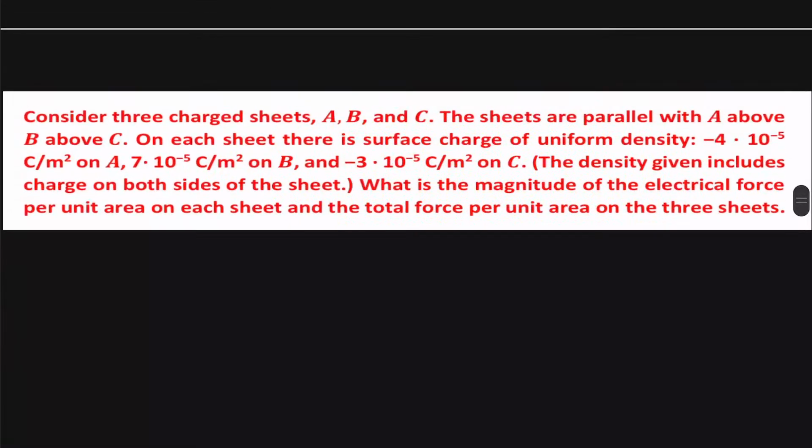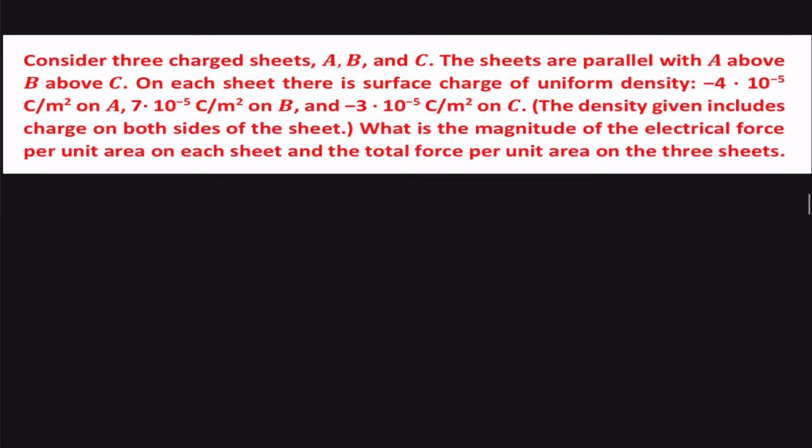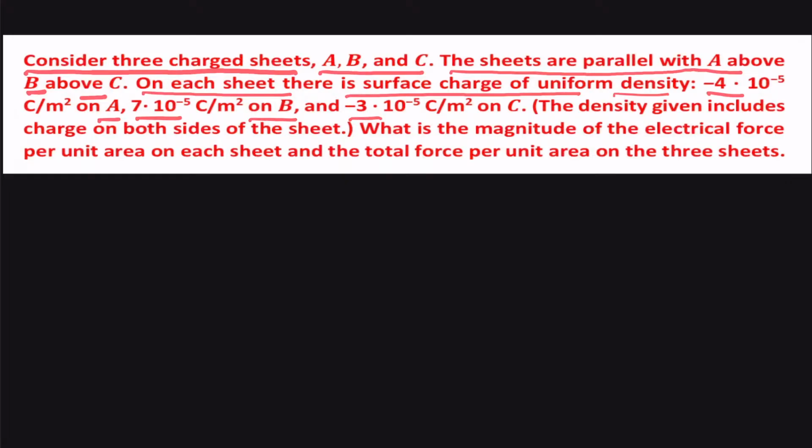Next question. Okay, so here we are given, consider three charge sheets A, B and C. The sheets are parallel, A above B above C. On each sheet there is a surface charge of uniform density: -4 on A, 7 on B and -3 on C. The density given includes charges on both sides of the sheet.